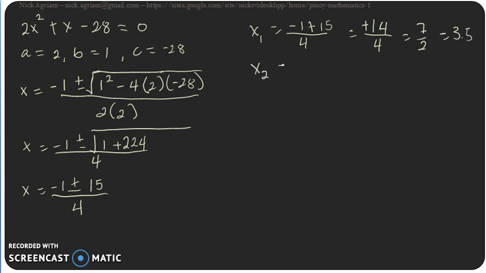X sub 2 is equal to negative 1 minus 15 divided by 4, that is negative 16 divided by 4, which is equal to negative 4.